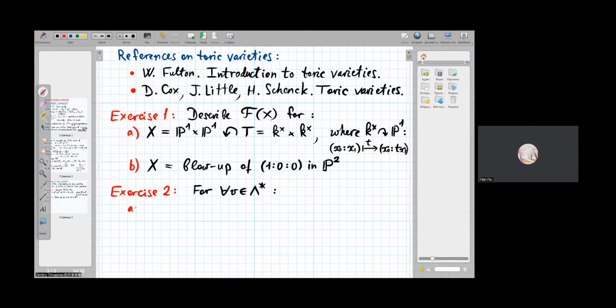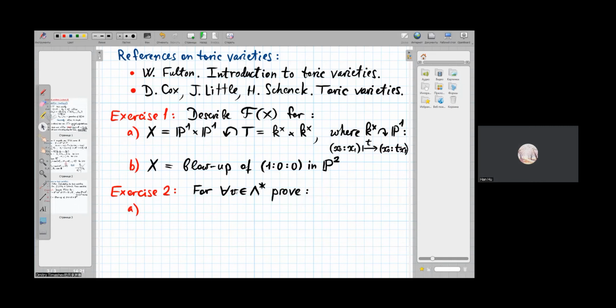First, prove, so for any v in lambda star. Lambda is the character lattice of the torus, the weight lattice. Oh yes.